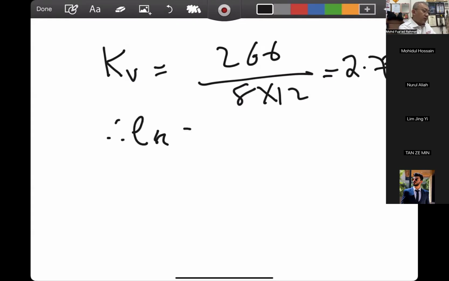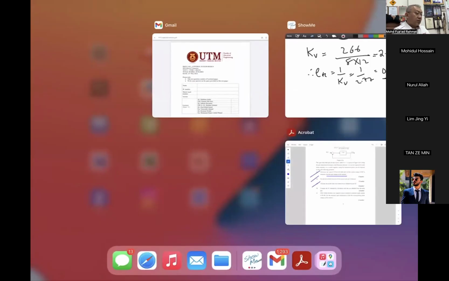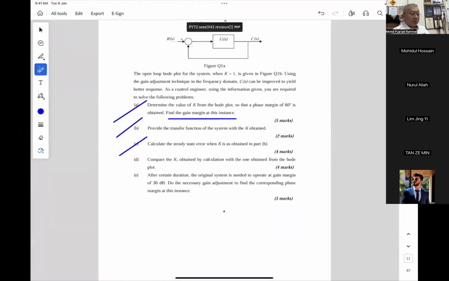So ESS is equal to 1 over Kv, 1 over 2.77, which is equal to 0.36. Okay, so that is the steady state error by calculation.